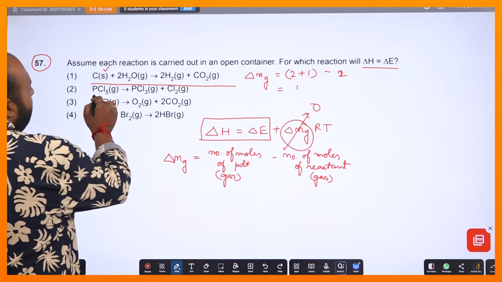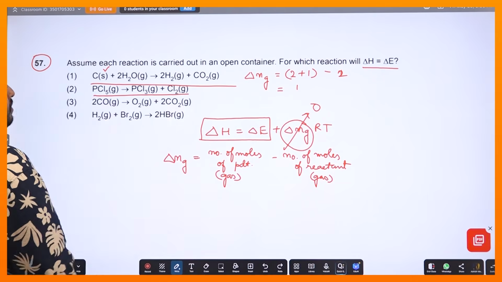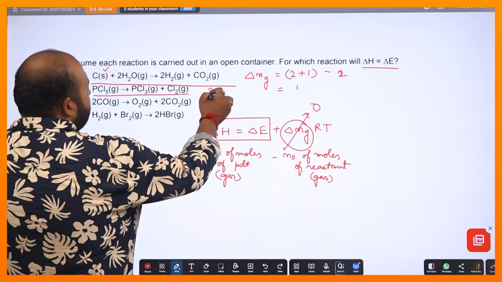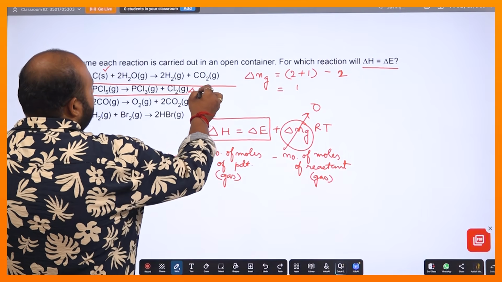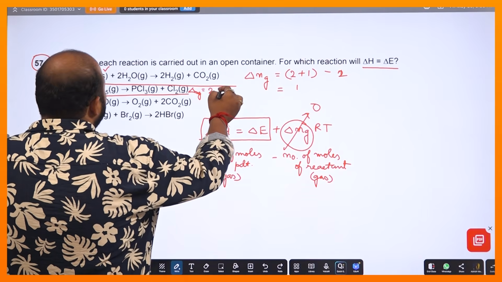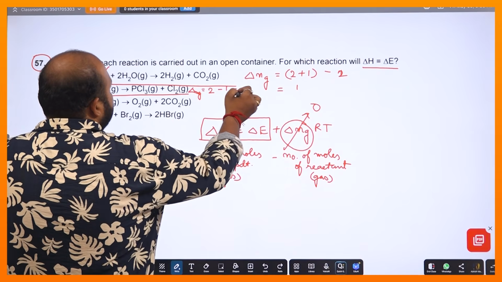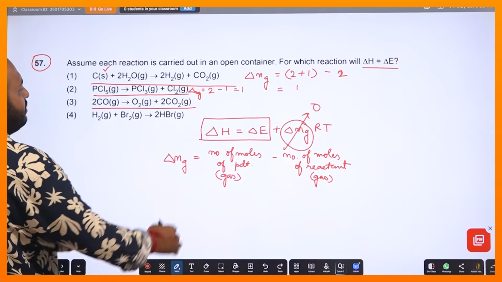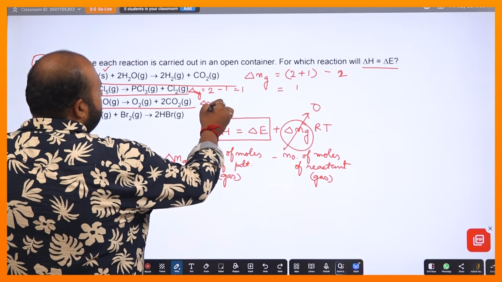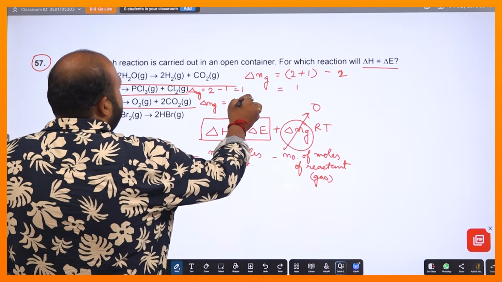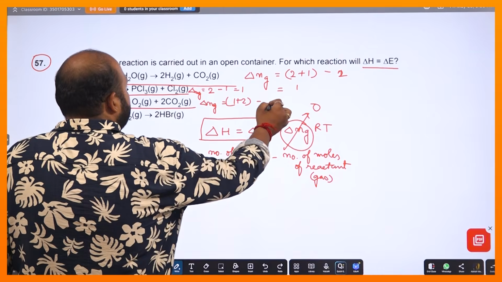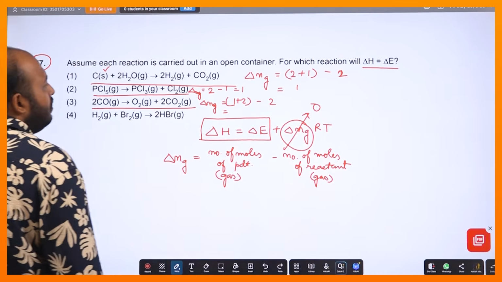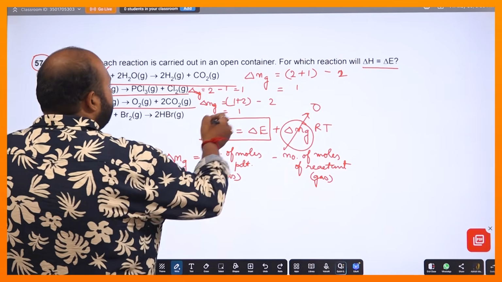Let us check the PCl5 decomposition. In this case del Ng will be 2 minus 1, that is 1. For this reaction, del Ng will be 1 plus 2 minus 2, that is also equal to 1.